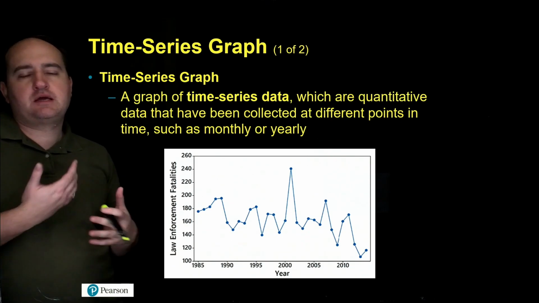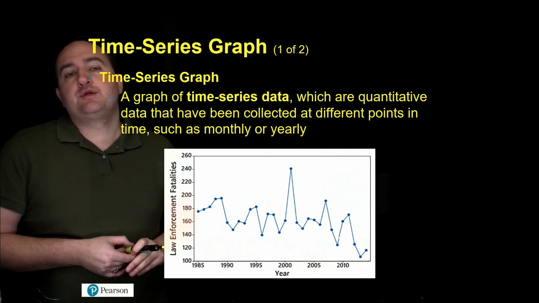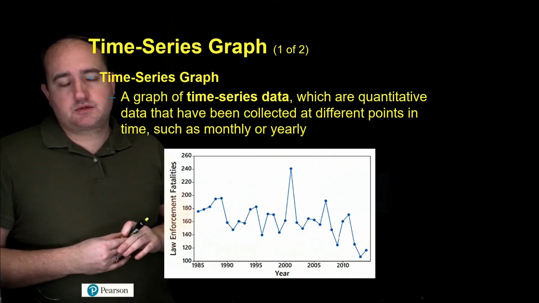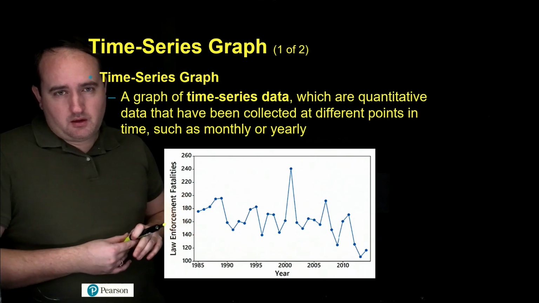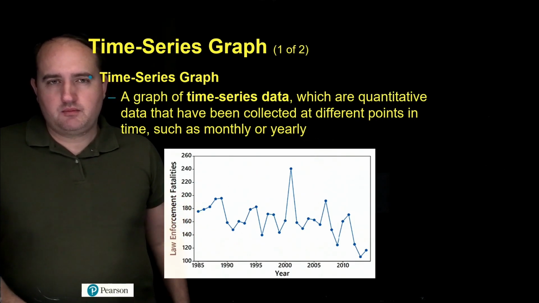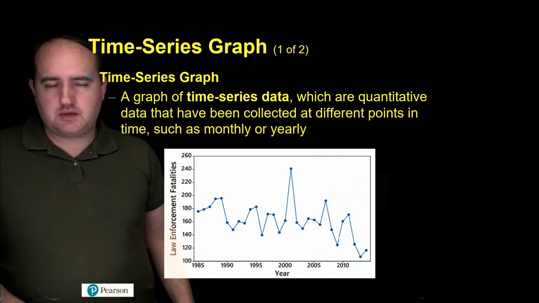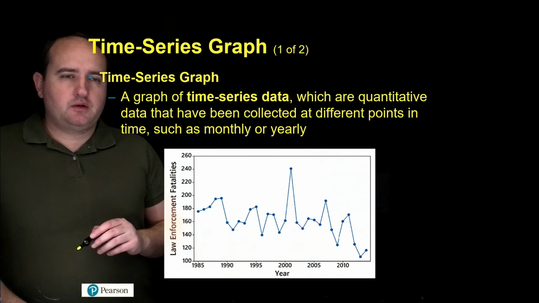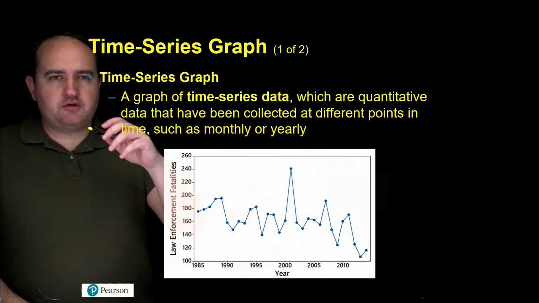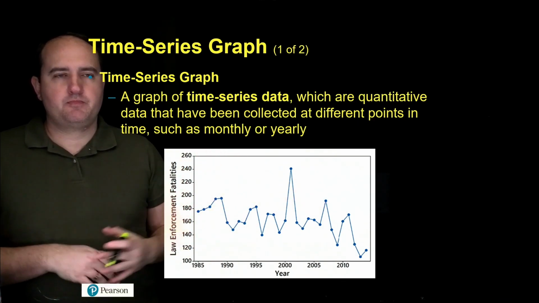There are all kinds of time series graphs. So for example, people who are interested in investing in stocks or bonds on Wall Street, if you go to a stock market website, or you go actually to Wall Street, the display of the value of a stock will go up and down just like this graph over time.